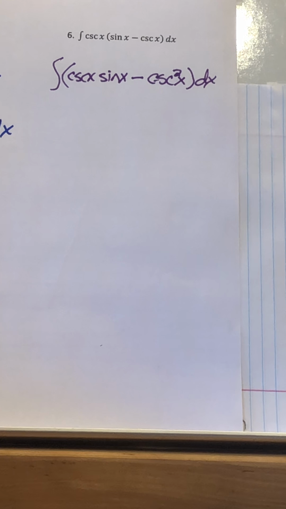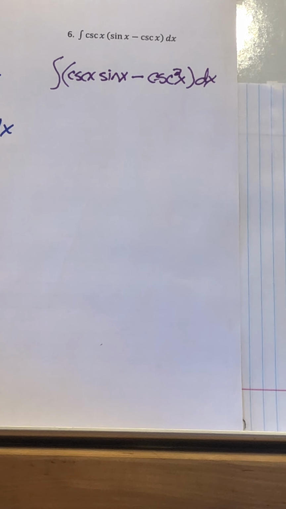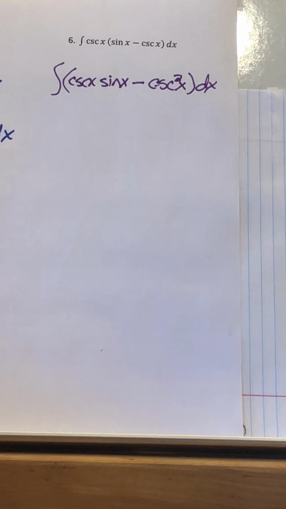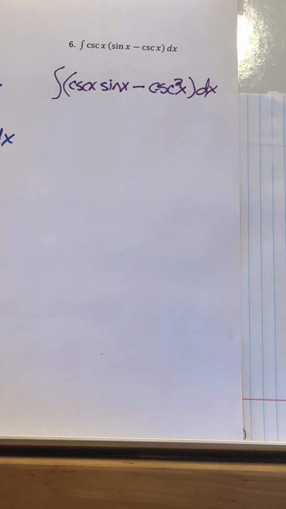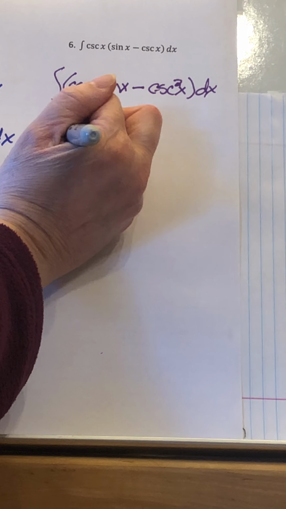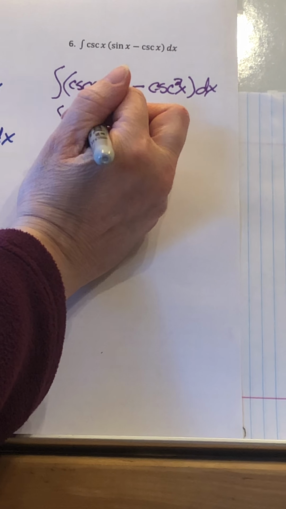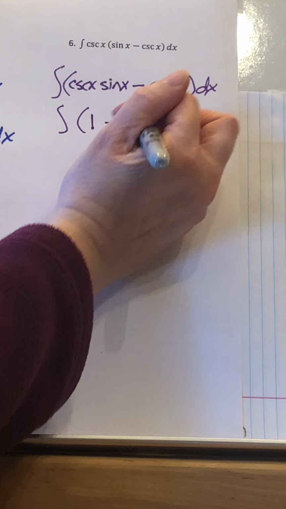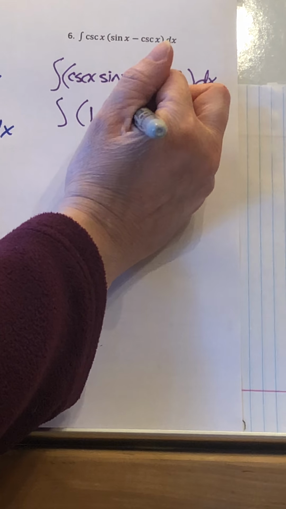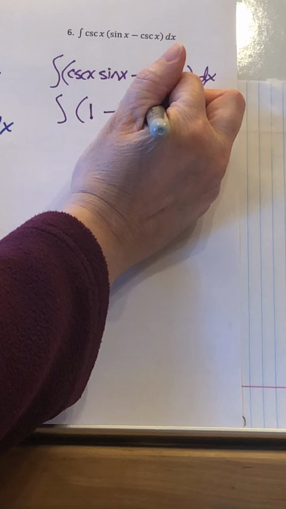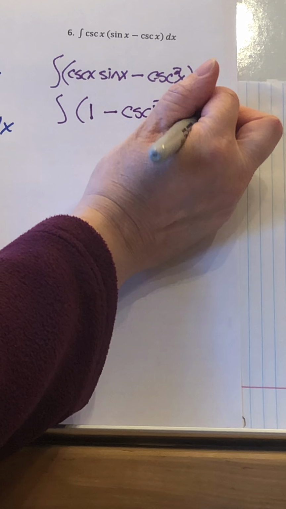Cosecant times sine is not on my list. So then I ask myself, cosecant times sine, cosecant is 1 over sine, and 1 over sine times sine becomes a 1. So I have 1 minus cosecant squared. Is that on my list? It is, so I'm going to keep it right there.